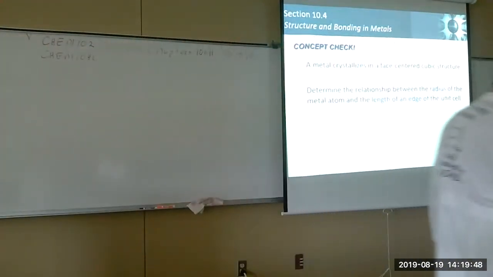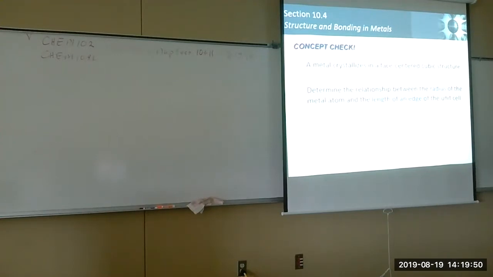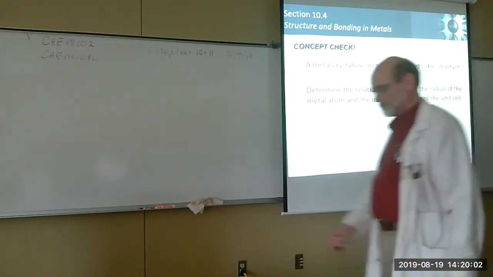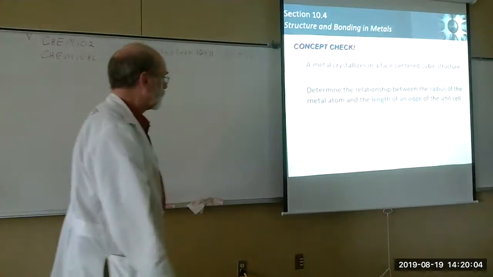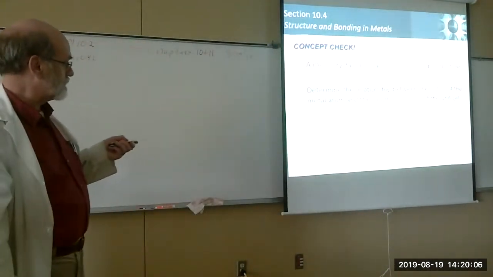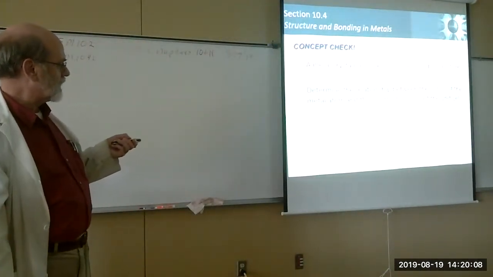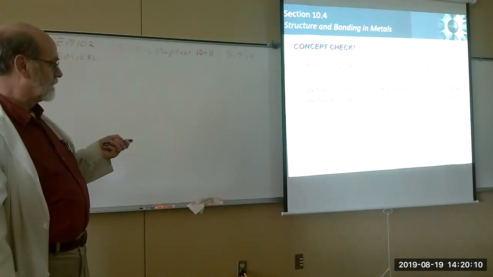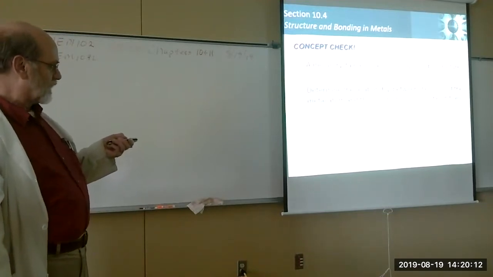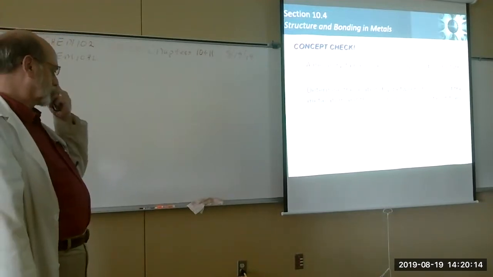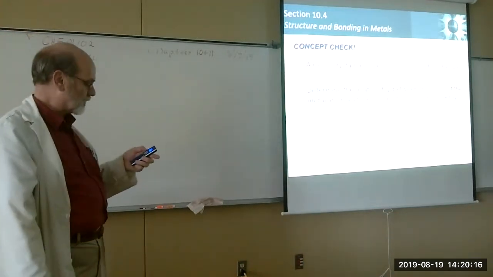Okay, that's what this one is, I think, quantities and queries. So why do we want to know that anyway? Well, if we know the size of the unit cell, the length of an edge, then we can tell the radius of the atom. Or if we know the radius of the atom, we can tell the size of the cubic cell.